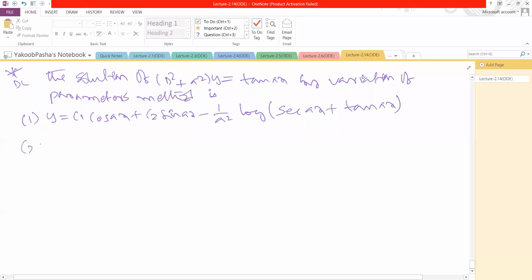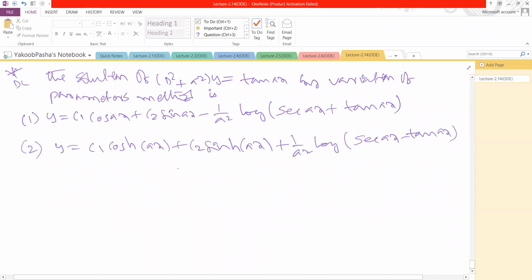And second option, y is equal to C1 cosh ax plus C2 sinh ax plus 1 by a square log secant ax minus tan ax.